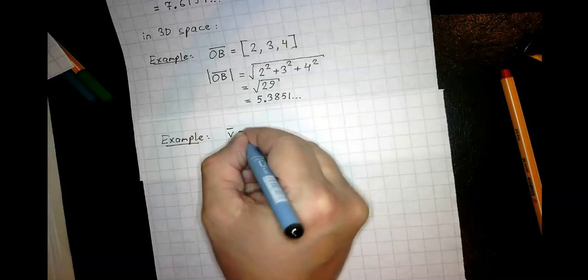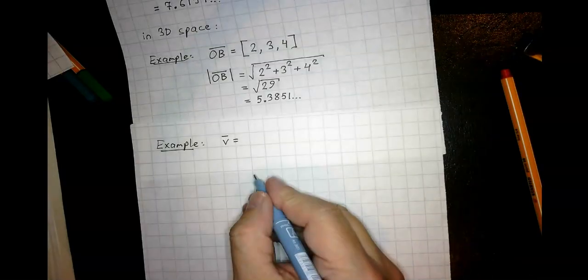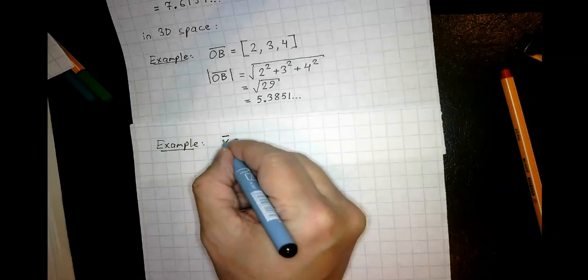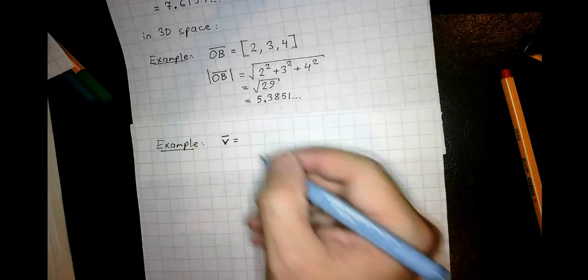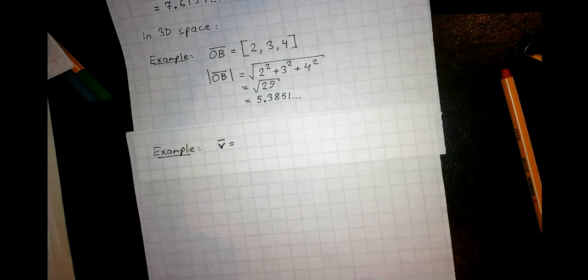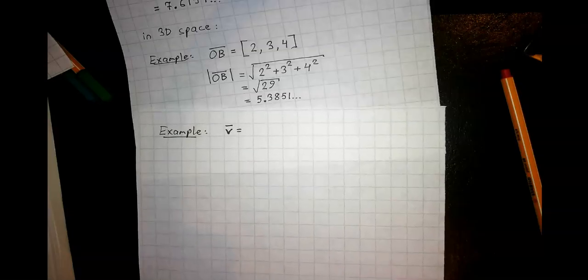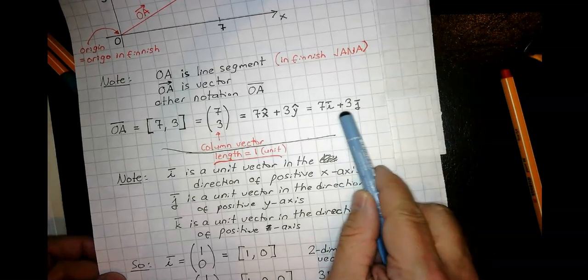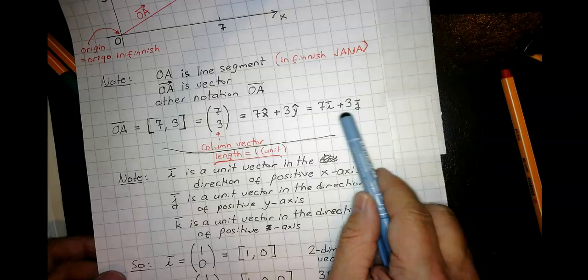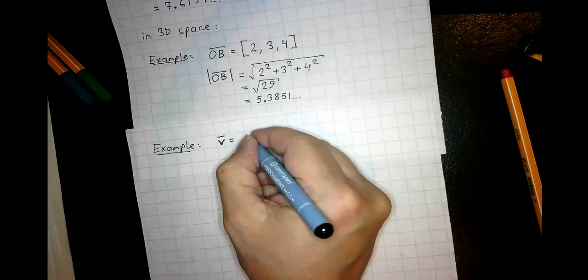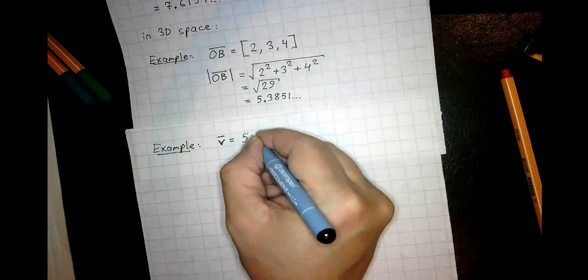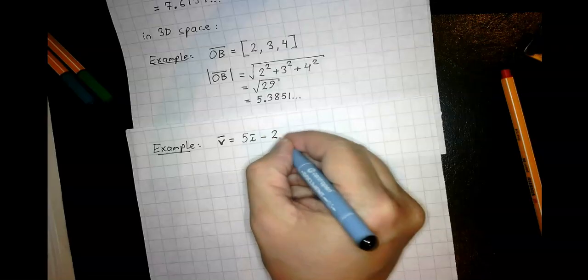Let's take this kind of vector V. So I will use only one letter, and this is lowercase V, V in Finnish. And now I will use another notation to get used to those. I will use this kind of notation where I will use these unit vectors there, i, j, and I will get a vector 5i minus 2j.